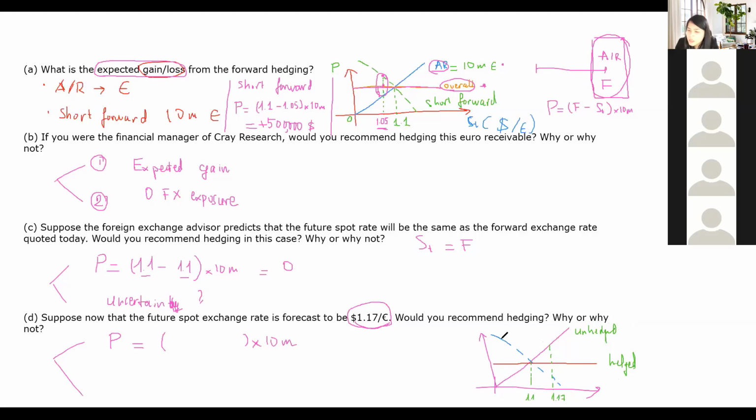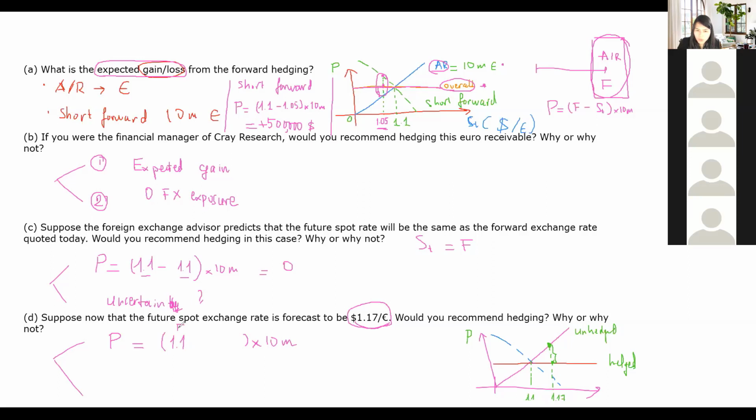So if I compare the payoff of the two positions, I can see that the payoff of the unhedged position is better relative to the payoff of the hedged position. And how much is the difference? If I want to compute the difference, I'm going to use the same formula as before.